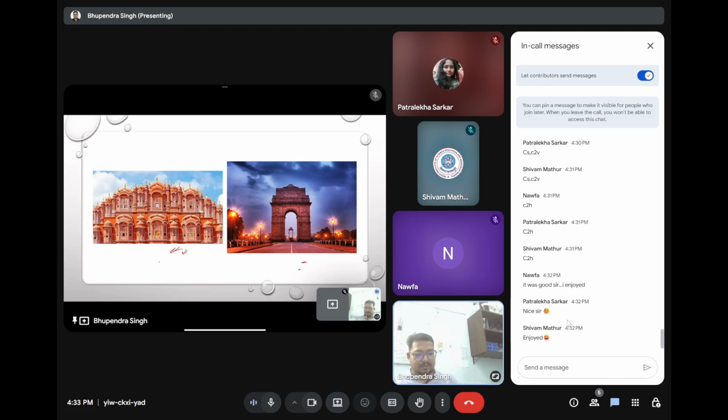Okay, so this is Hawa Mahal. Anyway, this is not in your course. I'm just telling you. This is Hawa Mahal in Jaipur, Rajasthan. Anyway, tell me the point group of Hawa Mahal.